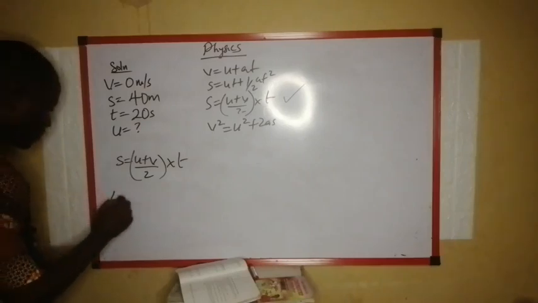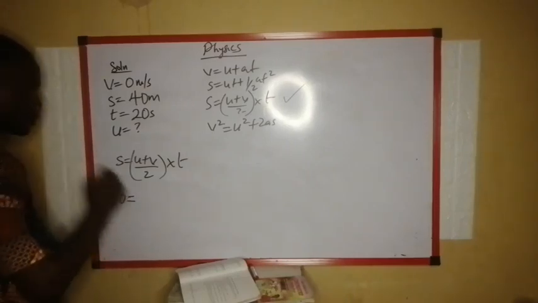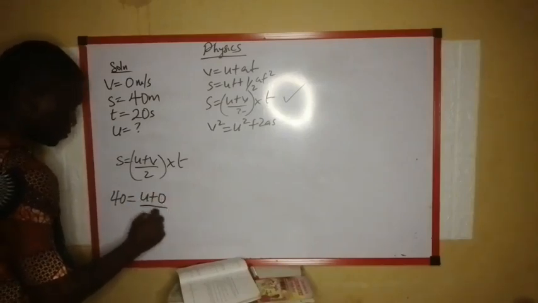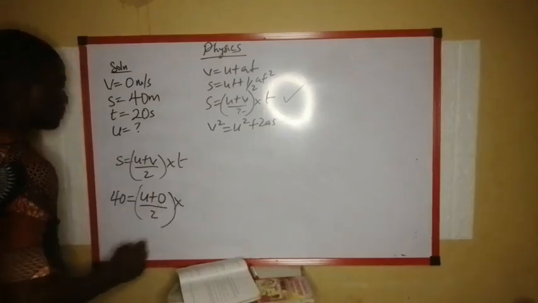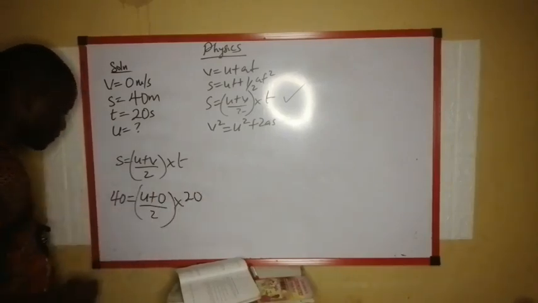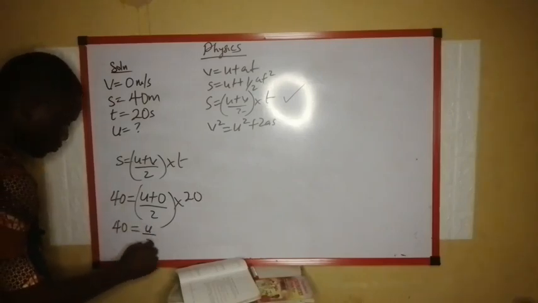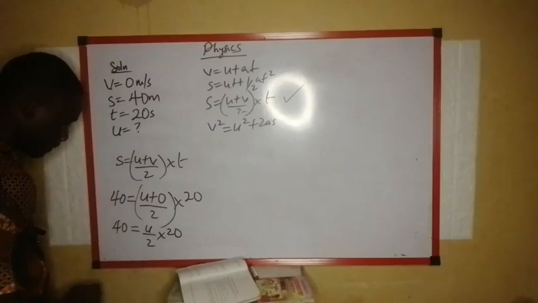What's s? 40 equal to u, we're going to write u like that, plus v, which is 0, over 2 times t, which is 20. So we have 40 is equal to u over 2 times 20.